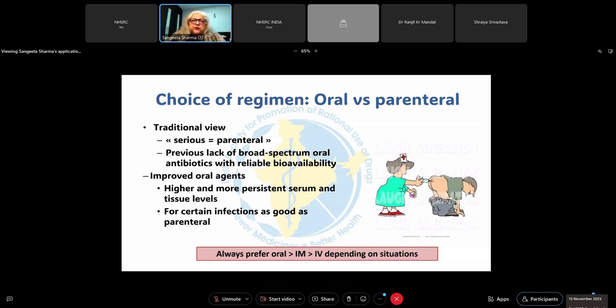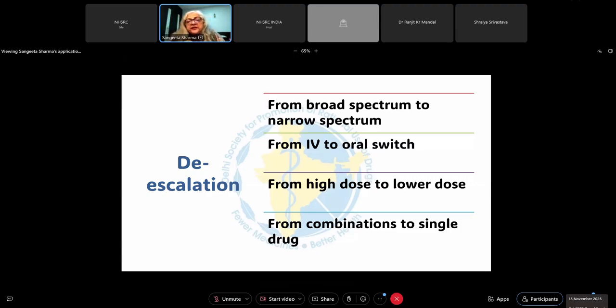If at all you have to prescribe, remember that you should prescribe it from the Access group, not from the Watch group. Okay, now coming to de-escalation, I've been using this term very often. De-escalation is, as I said, in an emergency, if the patient has presented to you with a life-threatening infection, you have all rights to prescribe a broad spectrum drug like piperacillin, meropenem, or any one of these types.